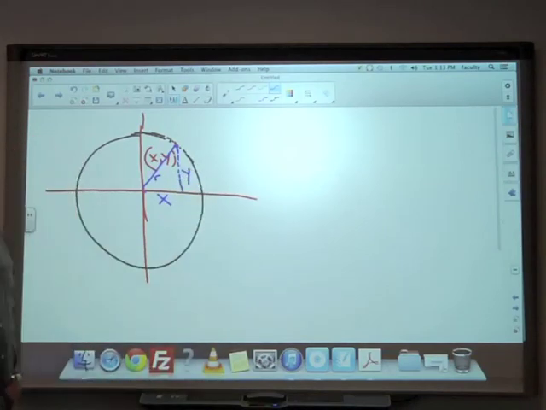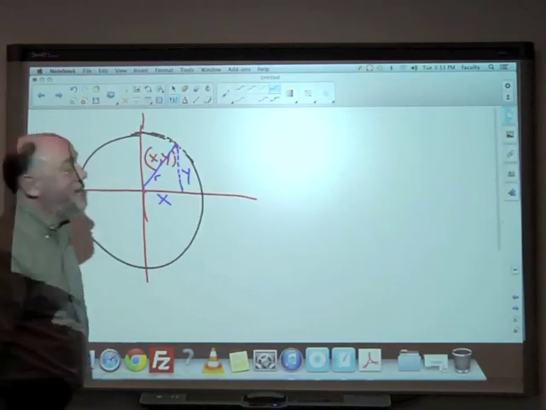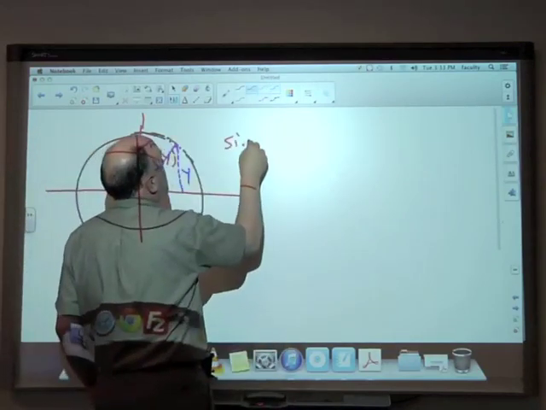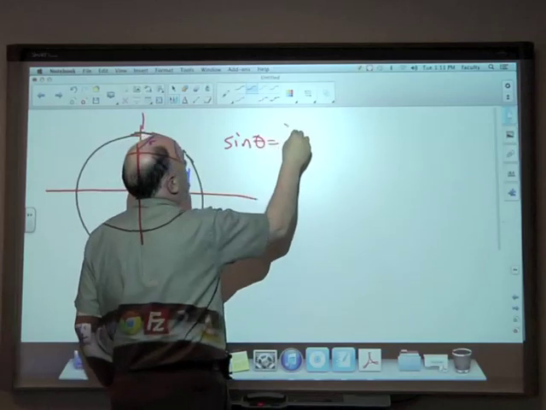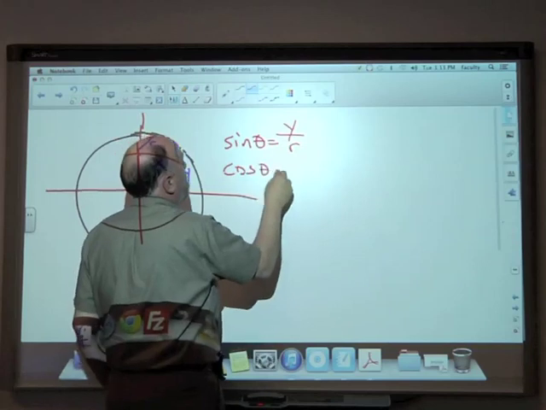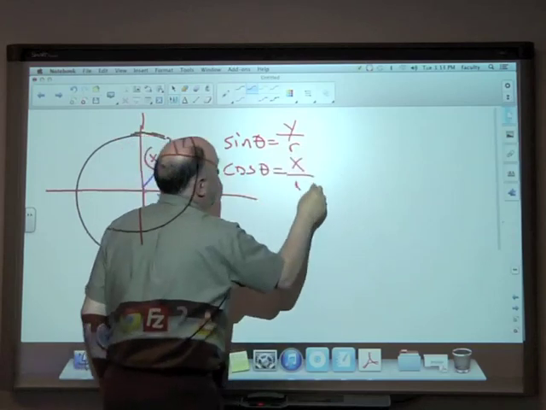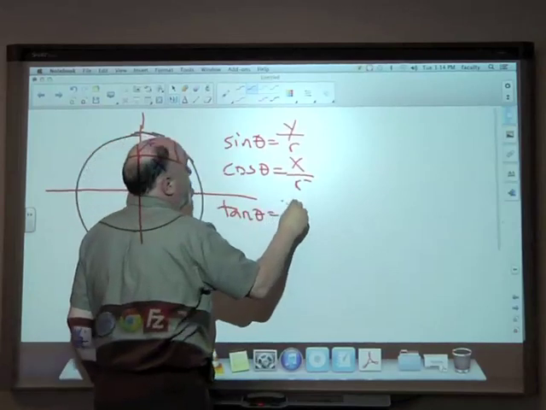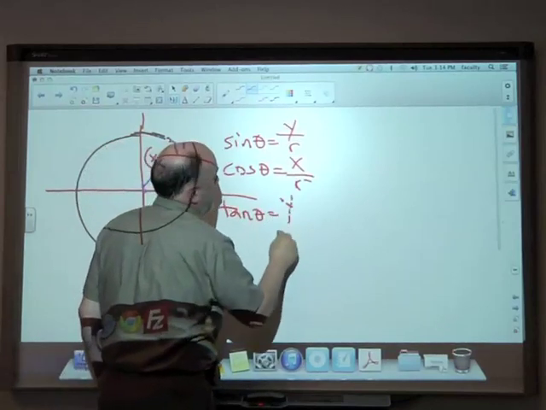And so now I can rewrite my trig functions again in that sine theta is going to equal y over r. Cosine theta is going to equal x over r. Tangent is going to equal y over x.